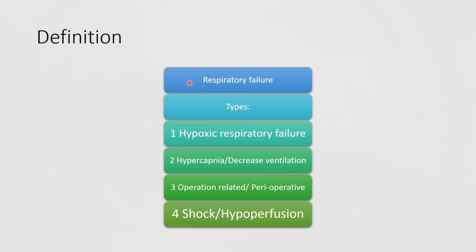Something is wrong. Either we are not ventilating fully anymore, and then we are dealing with a low level of oxygen in the blood, or we don't have the capability to breathe out the CO2 fully.